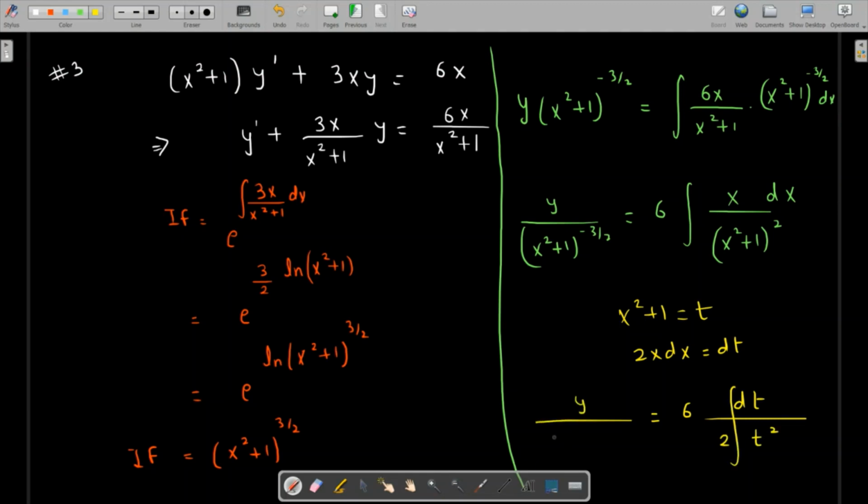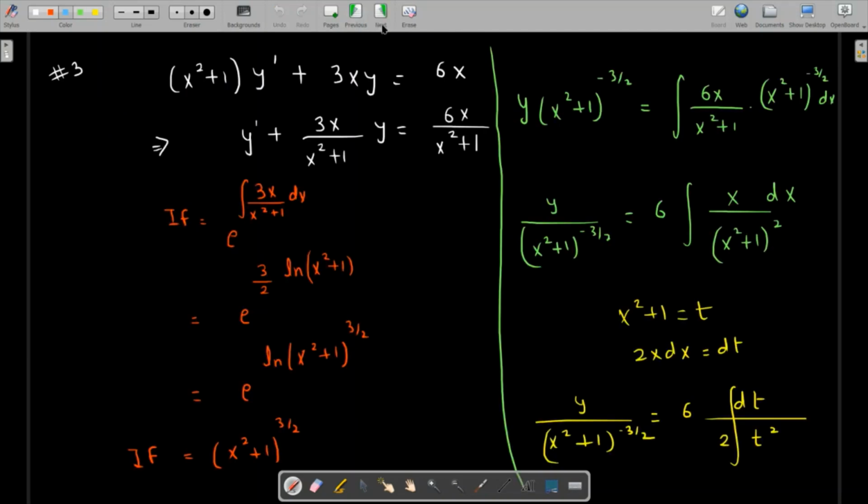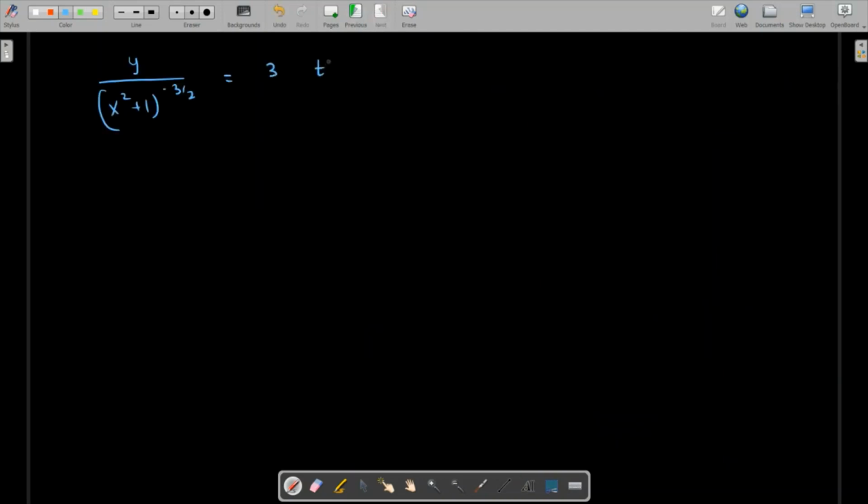And the left side is going to remain as it is. So y times (x square plus 1) raised to the power -3 over 2. So this is again going to look like y times (x square plus 1) raised to the power -3 over 2. 2 times 3 is 6, so that's going to be 3t raised to the power -2 dt.